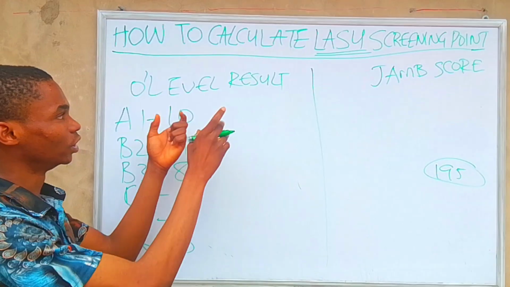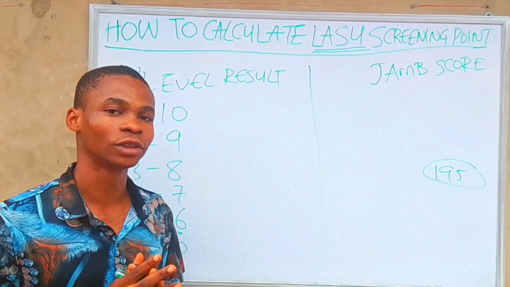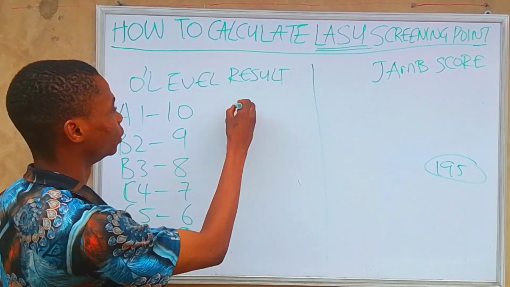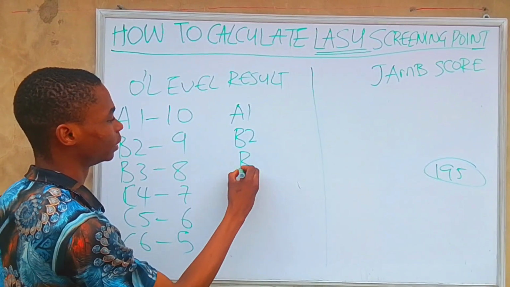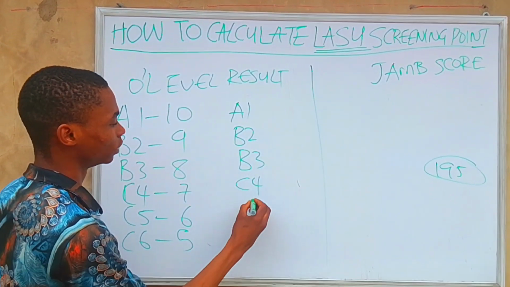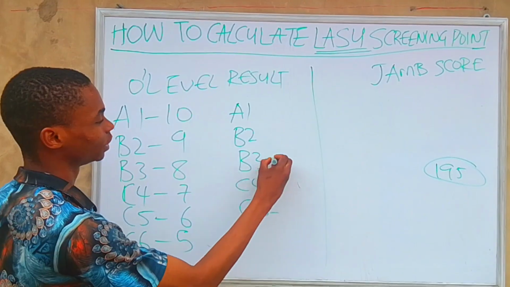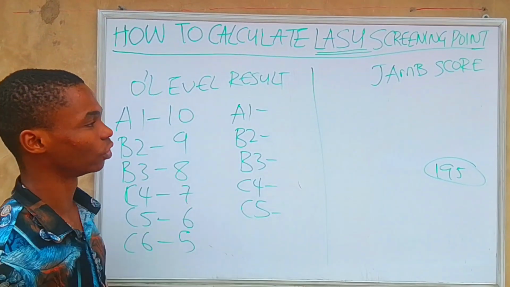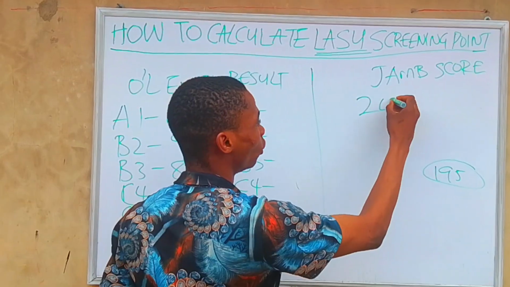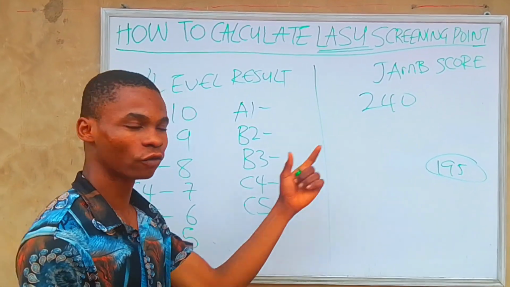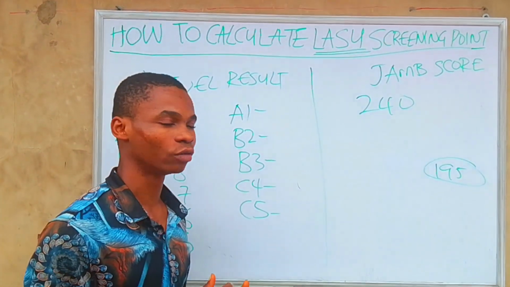Assuming in your 5 compulsory subjects you have A1, B2, B3, C4, C5, and in your JAMB score you have 240. How do we calculate that?